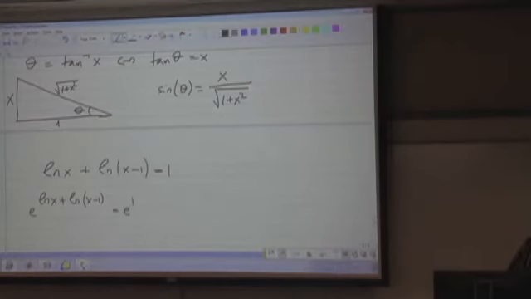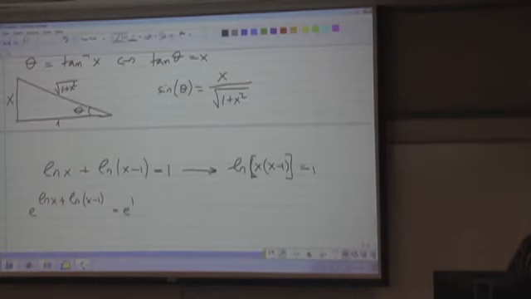Okay? Which you may not necessarily see how to approach. So if you don't see how to approach it, you can start from the beginning and say I have two ln's, I can combine them and I'll end up with ln of x times x minus 1 is equal to 1.